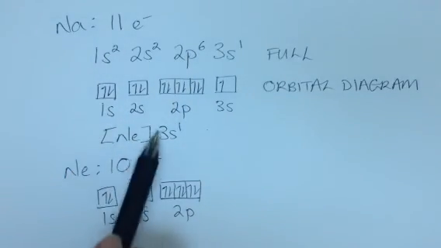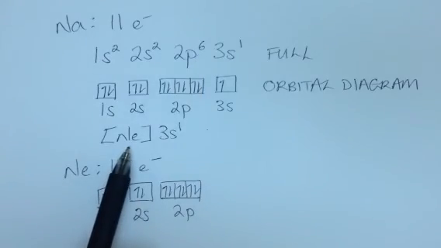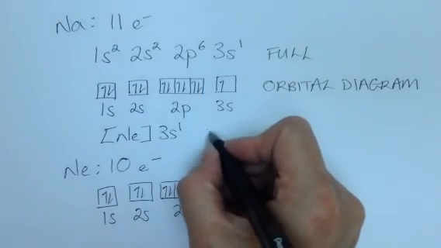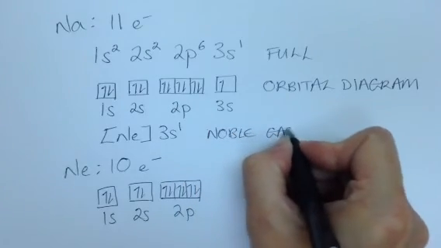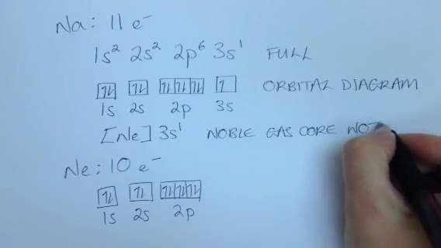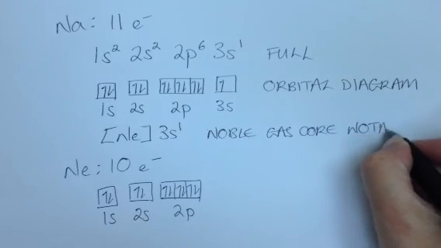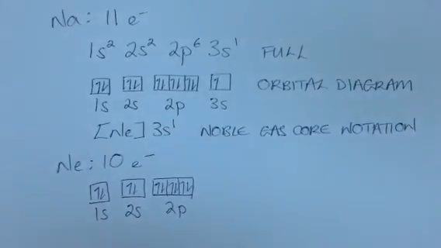So it's just a shorthand. Instead of having to write all of this out, we can just write neon in square brackets. And we call that the noble gas core notation, sometimes the noble gas core configuration. And it's just a shorthand method.